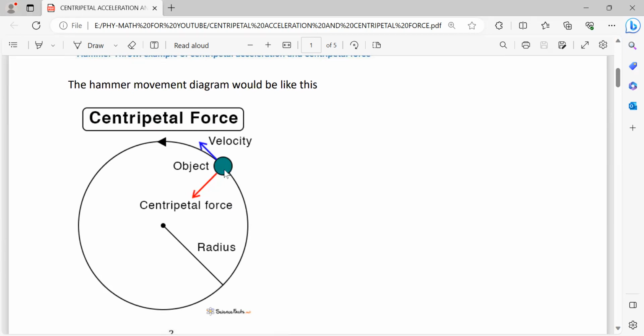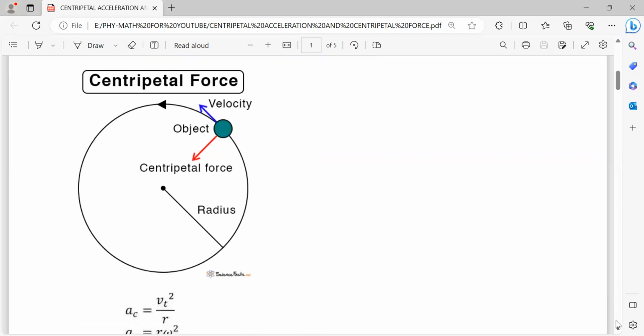Look at the centripetal force towards the center of the circle, while the tangential velocity direction is to the outside of the circle. So centripetal force and centripetal acceleration are always directed towards the center of the circle.